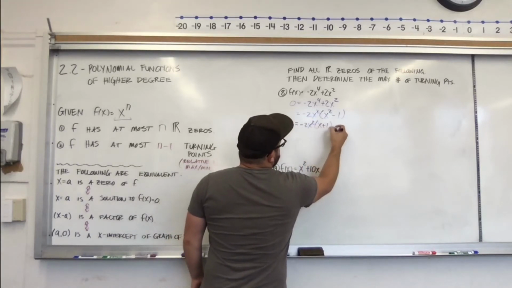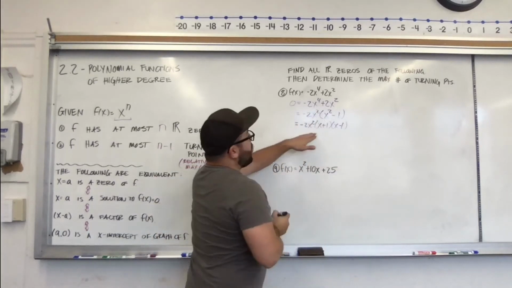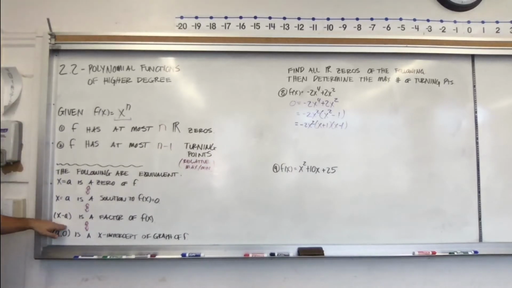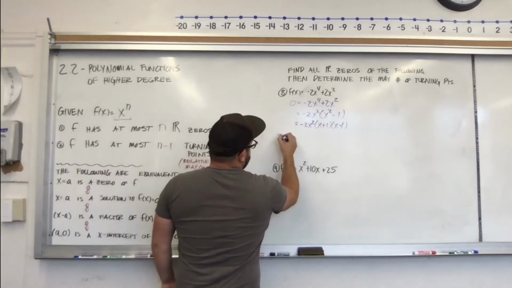That's x plus 1, x minus 1. So now these factors of our original function, if we set them all equal to 0, those are going to be solutions. That's no different than what we typically do. Set each of these equal to 0.